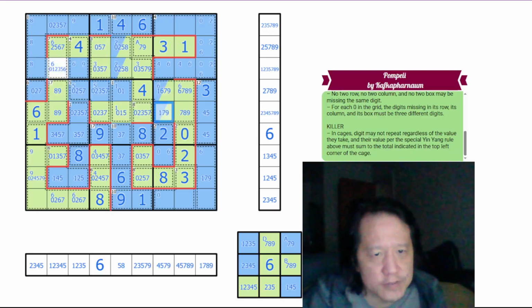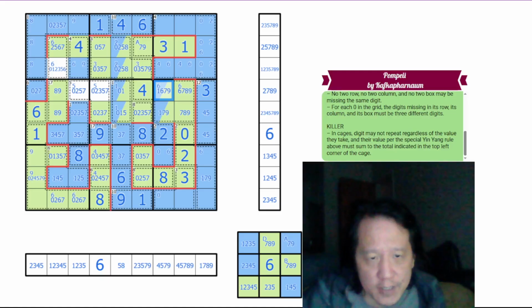Okay, what if this is blue, and then this is not blue? So then this would have to be not blue because it cannot be 1, and this would be blue. So, okay, whoops. So again, if this is not blue, no, so this is blue.